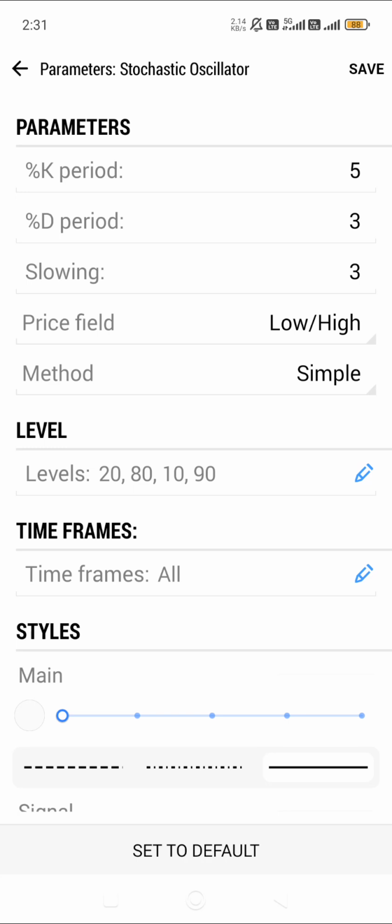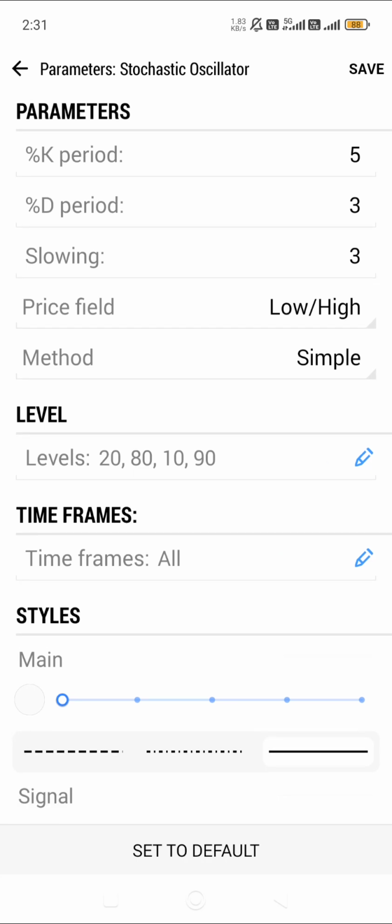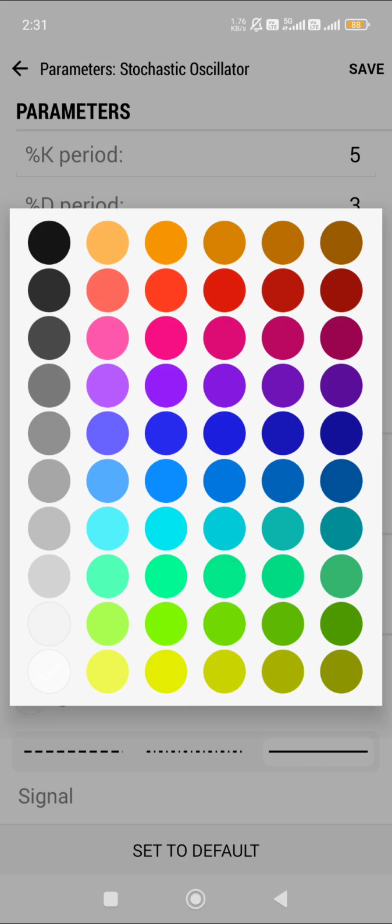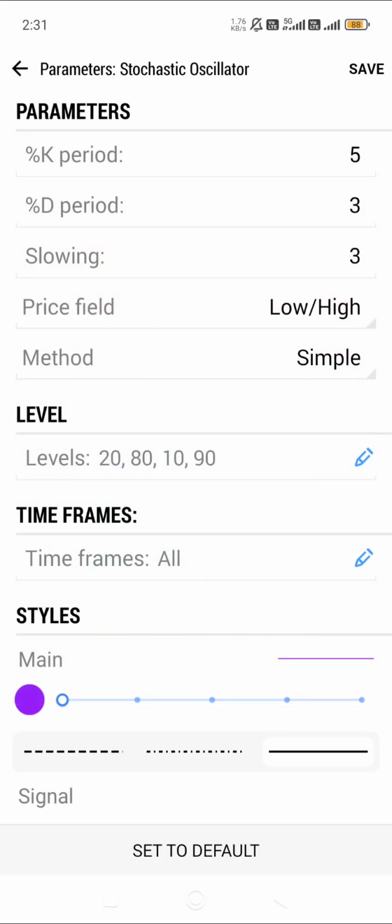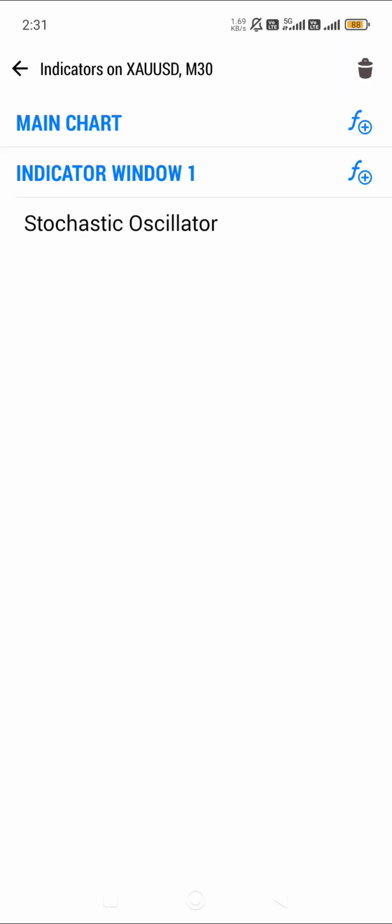There it's the time frame for all. Just check the main chart. There change the color. The coloration changes to purple. Whatever the chart plots, I'll check and save this.